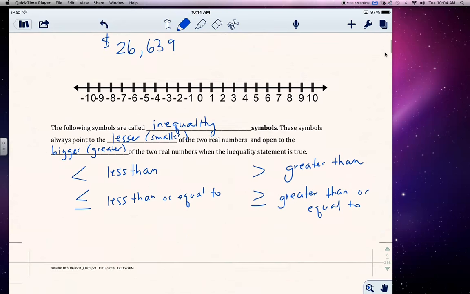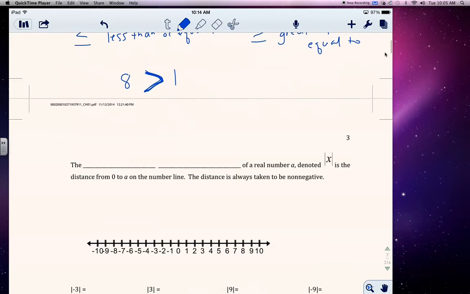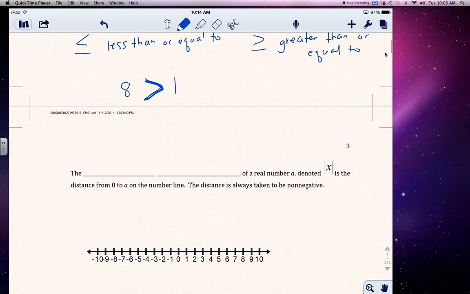So I always tell my students, and I go back to what I learned in grades, be true. It opens up to the 8, which is bigger, and it points to the smaller number or the lesser number of 1.